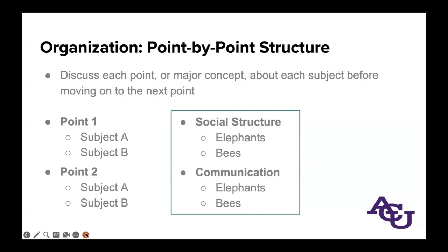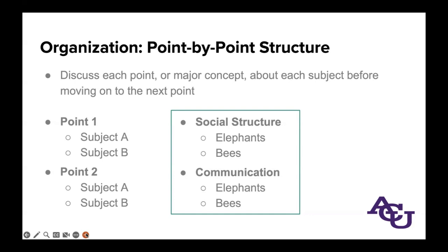So those are the two different things that we're going to use for comparison and contrast. In this case, I could list elements of the social structure of elephants, and then I could use elements of the social structure of bees. Then I could list the communication methods of bees, and I could use the communication elements of elephants. But I would use them in the same order in both halves of the paper.